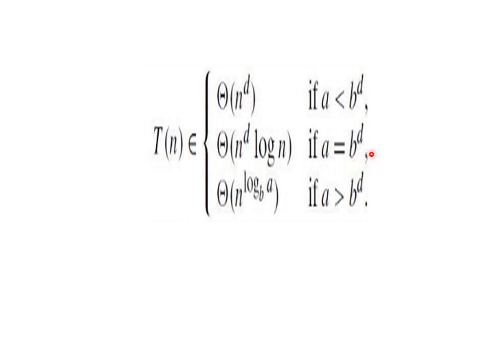If a is equal to b to the power d, then T of n is equal to big theta of n to the power d into log n base 2. And the third case, if a is greater than b to the power d, then the time complexity is approximated to big theta of n to the power log a base b.